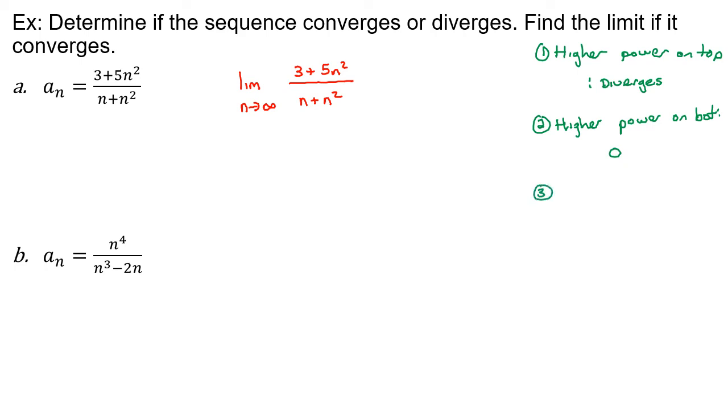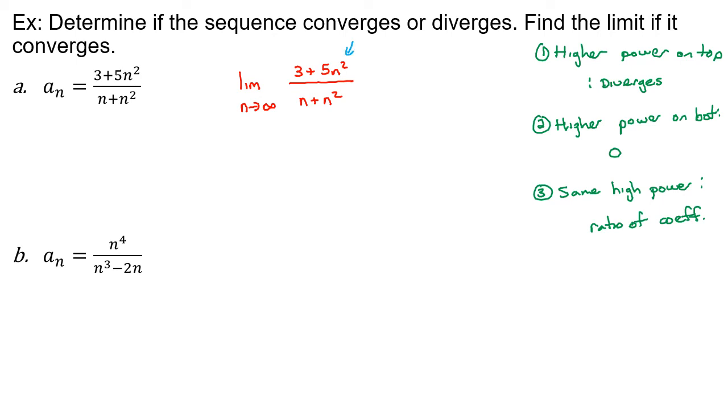And the third one, if you have the same high power on the top and the bottom, then we ended up with the ratio of the coefficients of that highest power. So in our case, on this particular problem, notice we have n squared being the highest power.